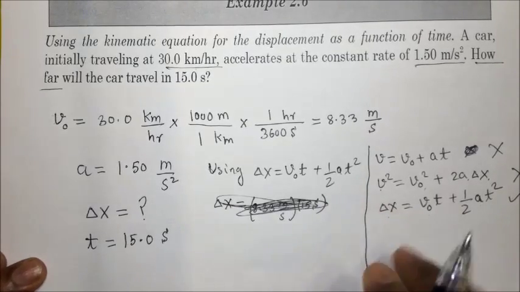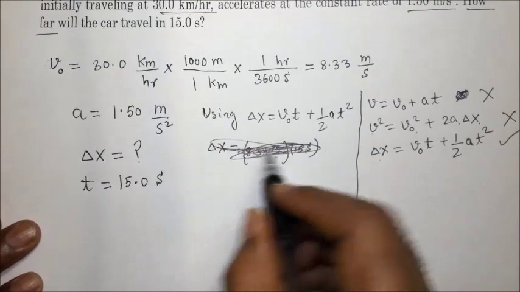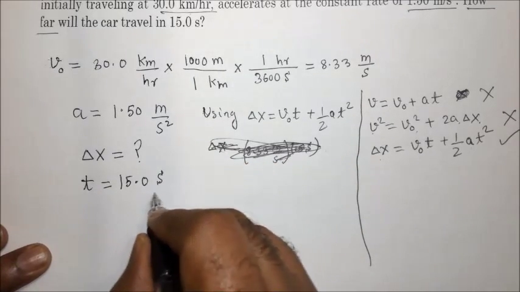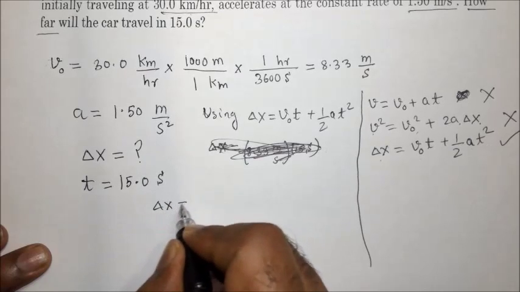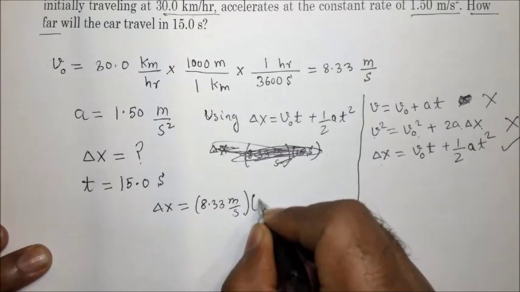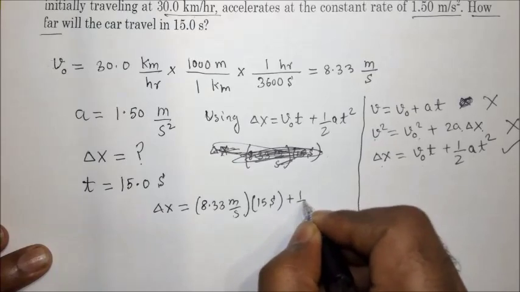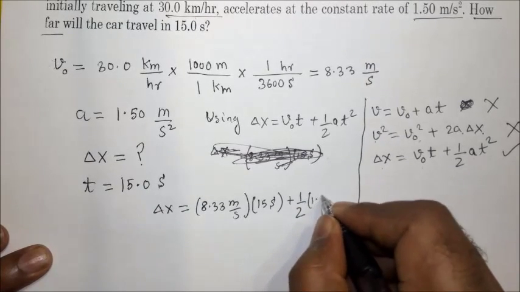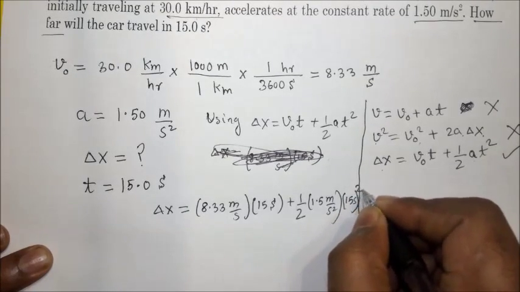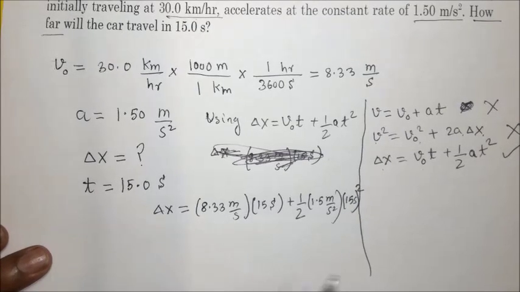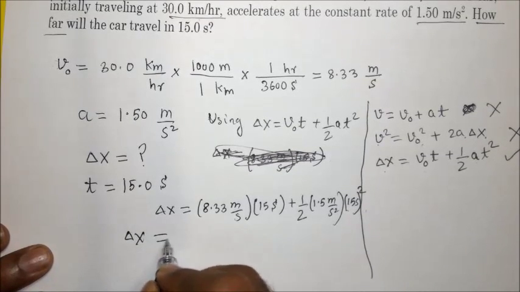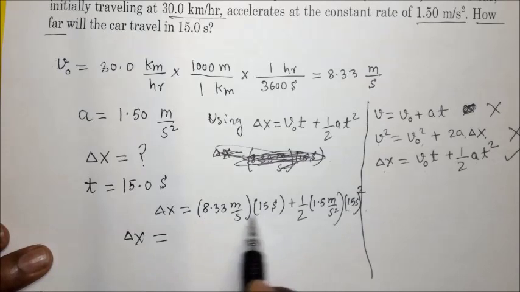Let's write here on the bottom. So we have delta x is equal to 8.33 meter per second into 15 second plus 1/2 times 1.5 meter per second square into 15 second whole square. So what happens here?